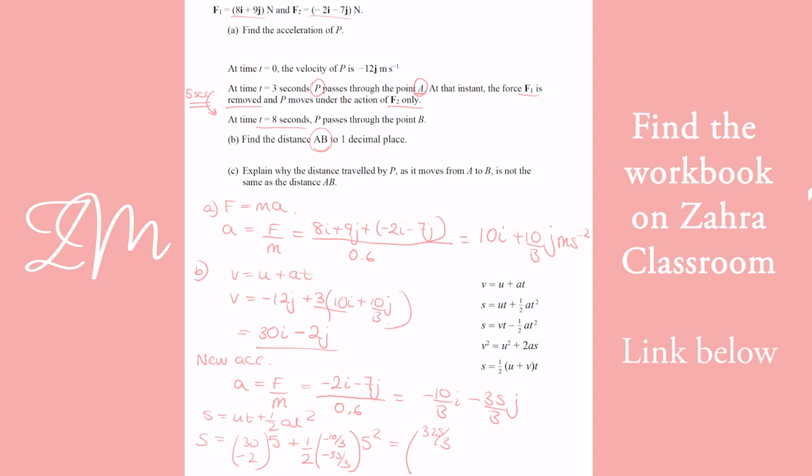Then we've got minus 2 times 5 plus 0.5 times minus 35 over 3 times 5 squared, sorry, I can't read my own writing. And we get minus 935 over 6.